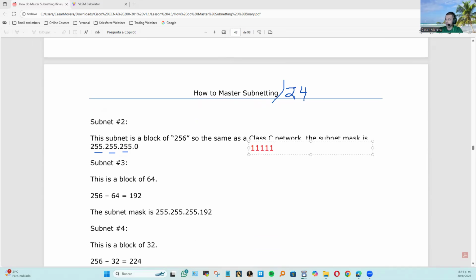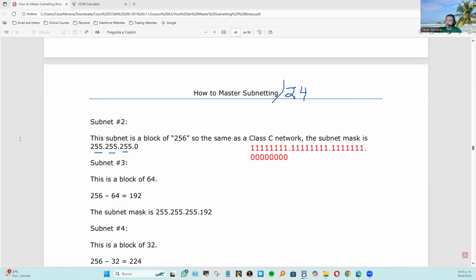1, 2, 3, 4, 5, 6, 7, 8. 1, 2, 3, 4, 5, 6, 7, 8. 1, 2, 3, 4, 5, 6, 7, 8, and then 0, 0, 0, 0, 0, 0, 0, 0. Now, it's a class C. How many addresses per network do we get, and how many do we need here?